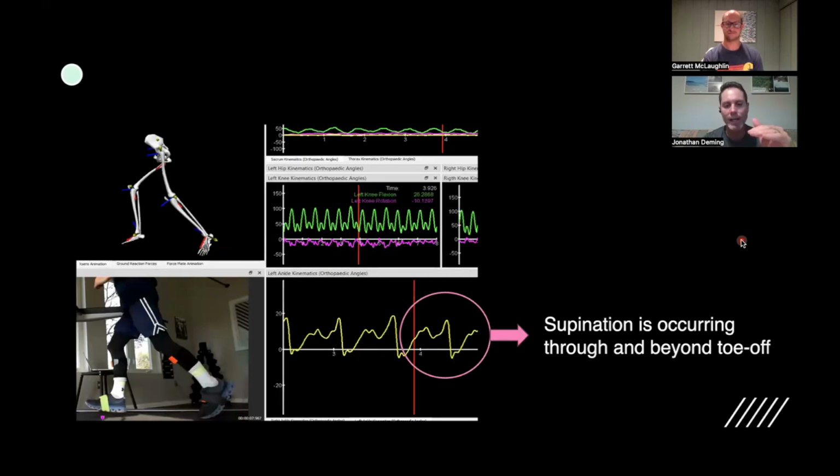So this is a kinematic graph of the left foot, the yellow on the bottom here, for all intents and purposes a pronation supination measurement. Going through the gait cycle, this is foot strike.